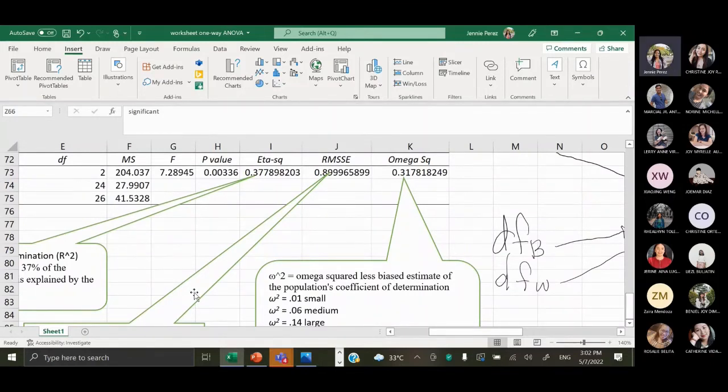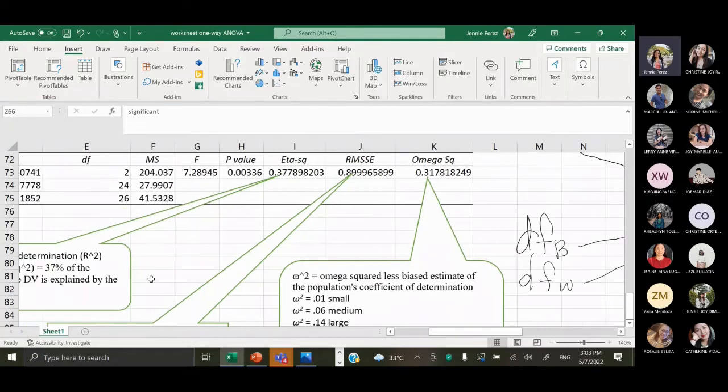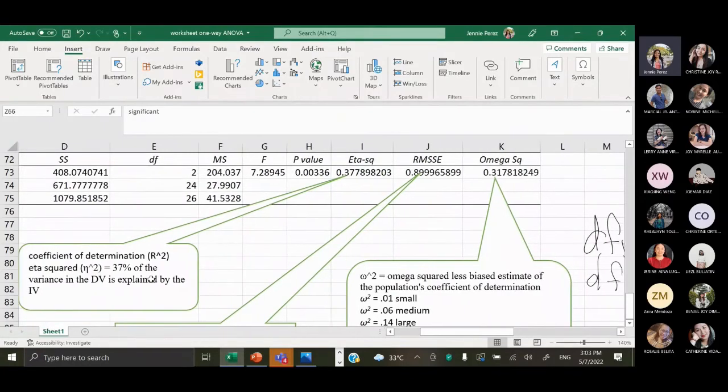There are three effect sizes given to us by Real Stat. The eta squared is equivalent to the coefficient of determination. So we have here a value of 0.37. Actually, it's 0.38. So the eta squared, this is the symbol eta. Yan, eta squared.